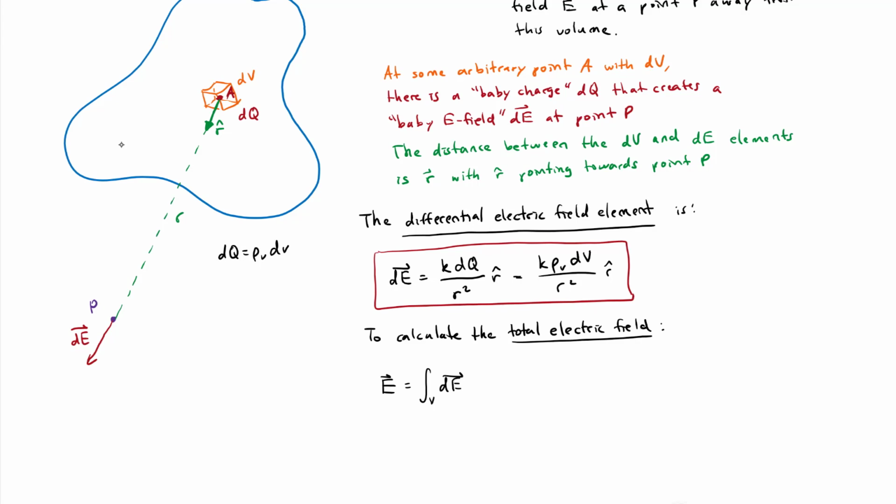So in this case, we're taking the integral of dE with respect to volume, which is the integral of k rho_v dV divided by r squared, r hat. And just keep in mind that it isn't as simple as doing this integral, it's this part that's troublesome: r hat.